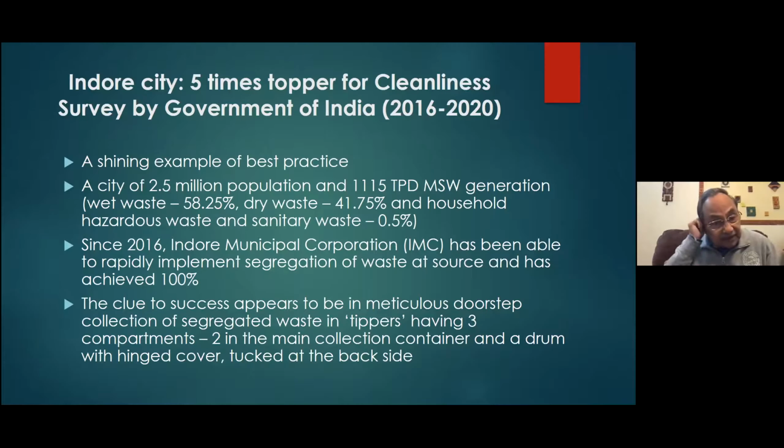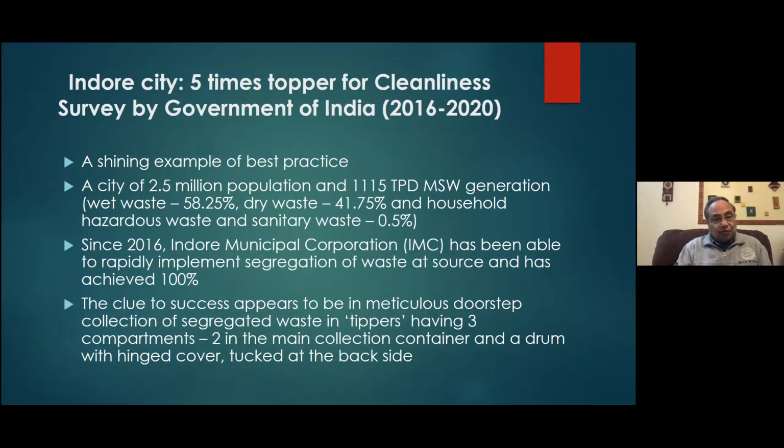This particular city, Indore, where the 3R conference was held, is a five-time topper in the cleanliness survey by the government of India from 2016 to 2020. So it would be interesting to see what they are doing and why the other cities are not doing as well. This is a shining example of best practice.